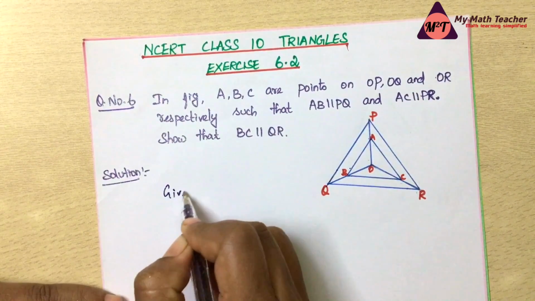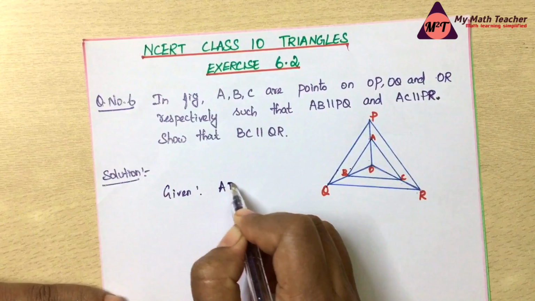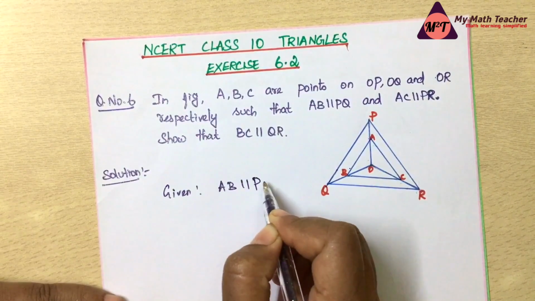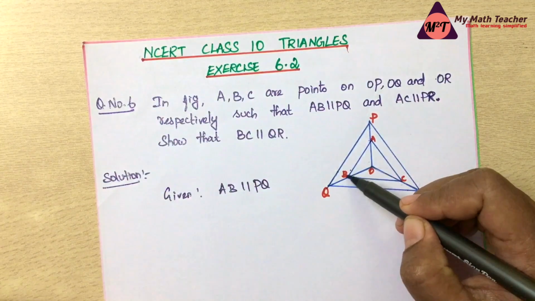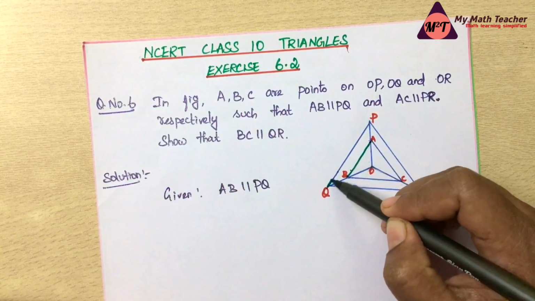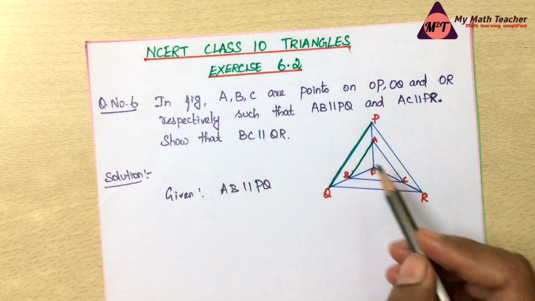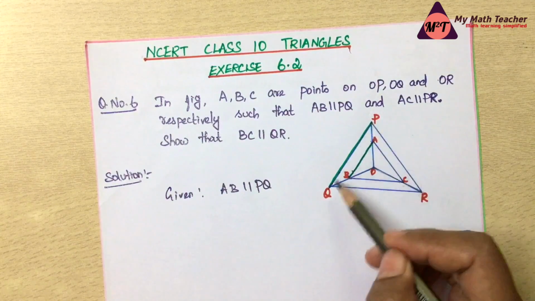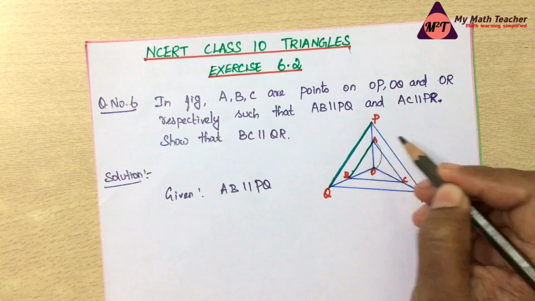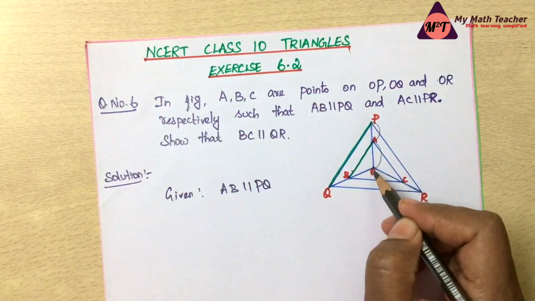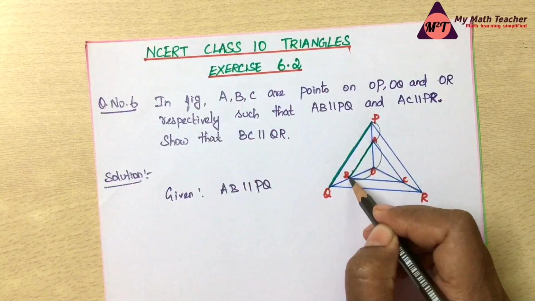Given, AB is parallel to PQ. So we are going to solve using basic proportionality theorem. AB is parallel to PQ. Consider the triangle OPQ. By basic proportionality theorem, we can see OA by AP is equal to OB by BQ.